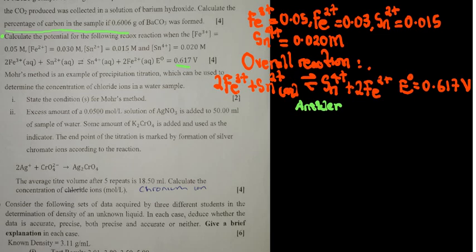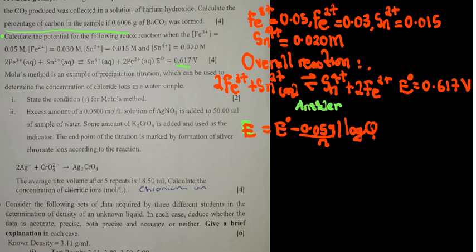The formula we're going to employ here is this formula. Our E will be equal to the E cell value minus 0.0591 divided by 2, then log Q.